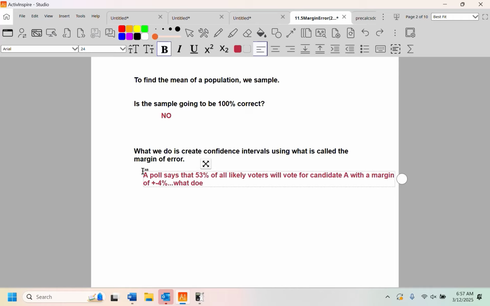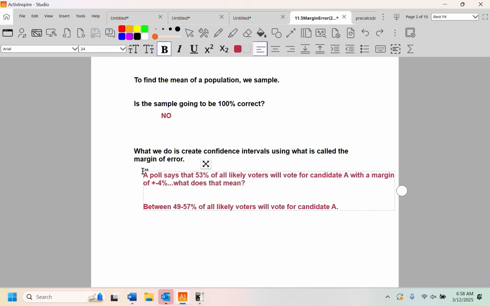So what does that mean? That means between 49 and 57% of all likely voters will vote for candidate A. It's not actually guaranteed that candidate A wins because candidate B could get 51% or they could get 43%.